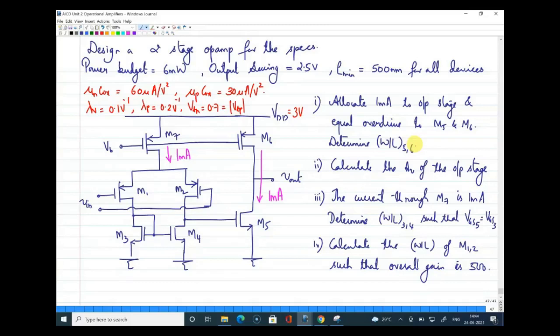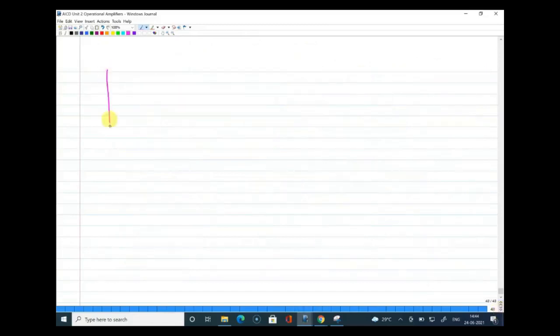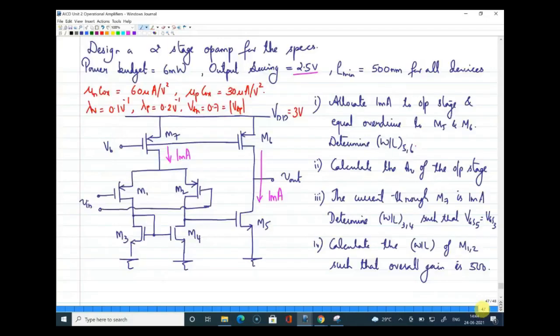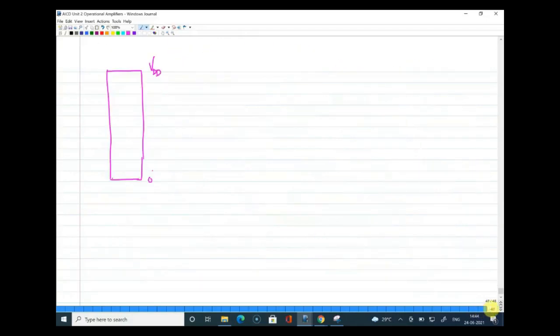All right, listen here. You have the supply voltage given as 3 and the output swing is given as 2.5. So what is the meaning here? You have a room of 3 volt, that is from 0 to VDD. The total voltage available is 3. And given that the output swing is 2.5, so you have an output swing which is close to 2.5.